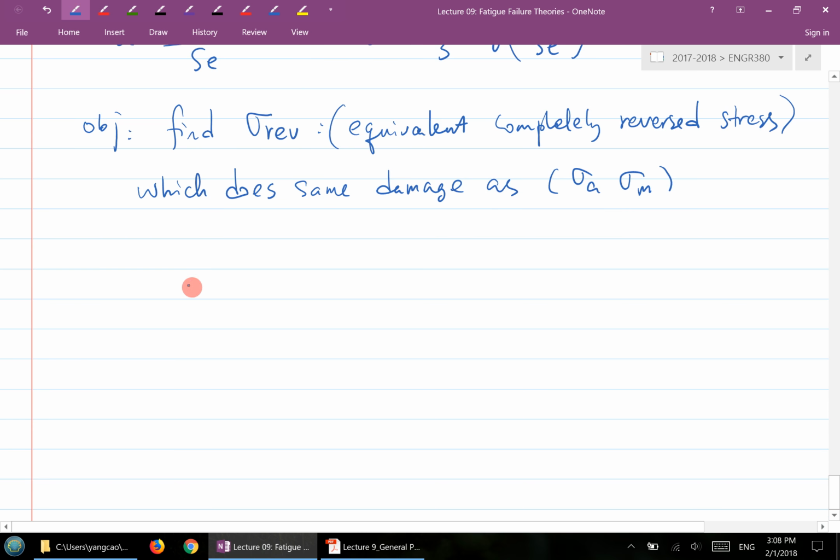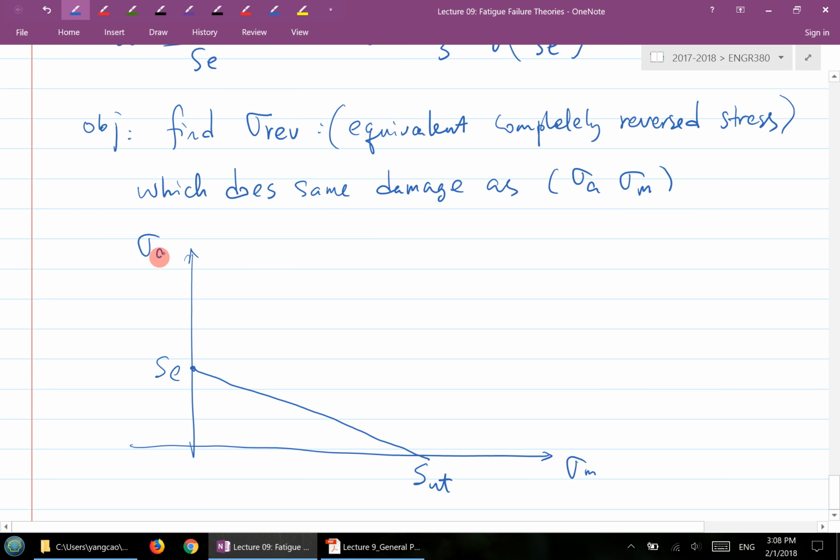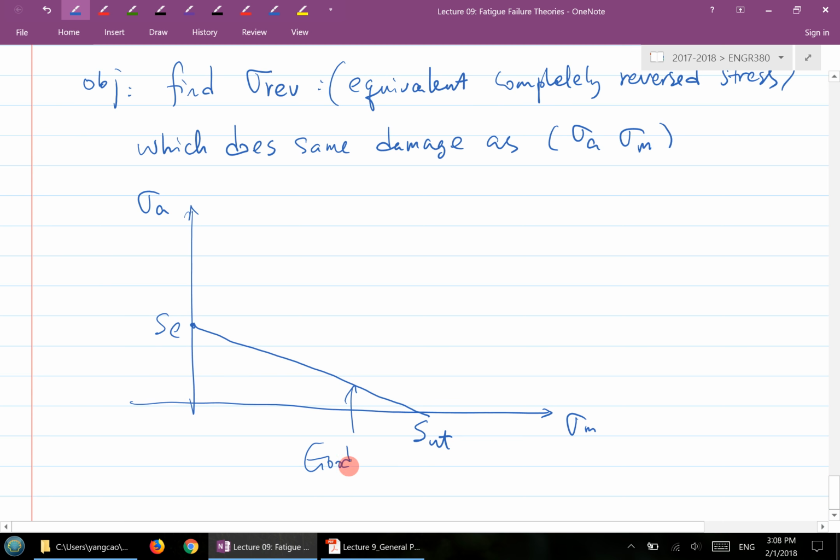Let's go back to the modified Goodman line here. This is your SE here, and this is your SUT. So here is your Goodman line. What's the nature of a Goodman line?